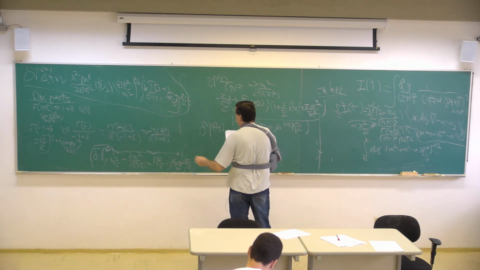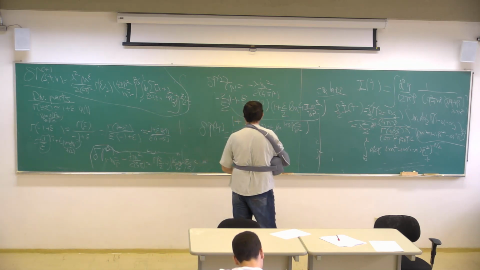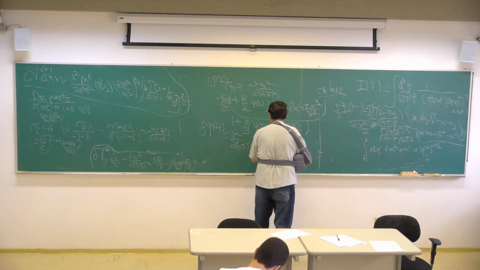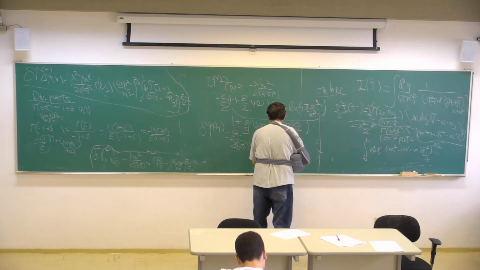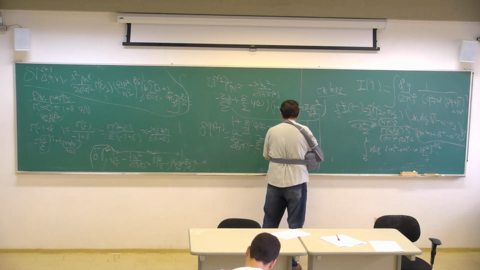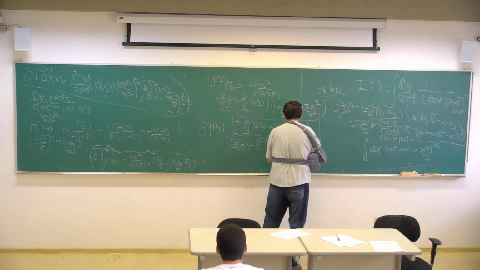But now I have epsilon over 2 instead of epsilon, so this is 2 over epsilon, 1 plus epsilon over 2 psi of 1.